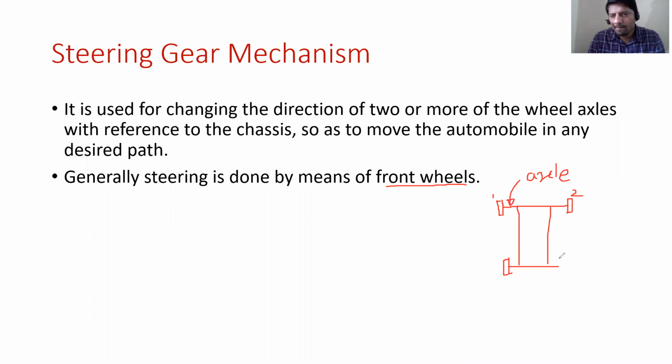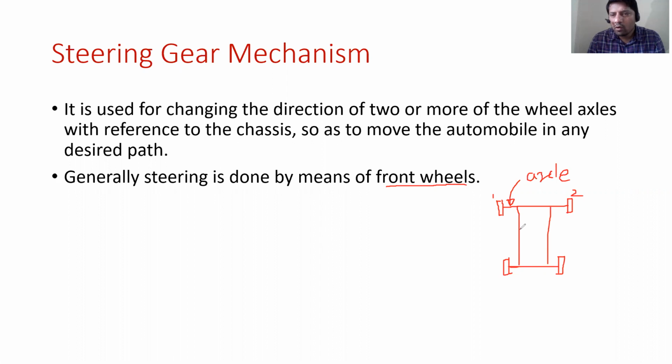Generally the back axles are fixed with respect to the direction of the chassis. So the back axle is fixed with the chassis; it will always remain perpendicular to this line, meaning this axle is fixed.